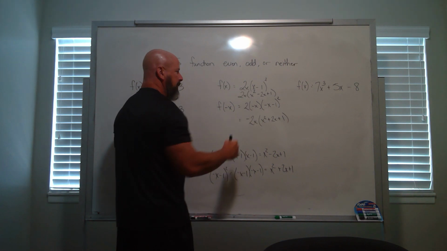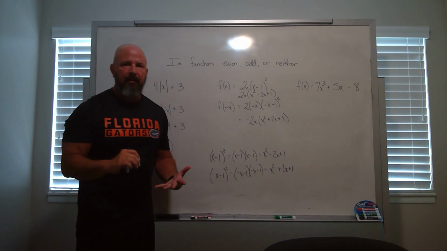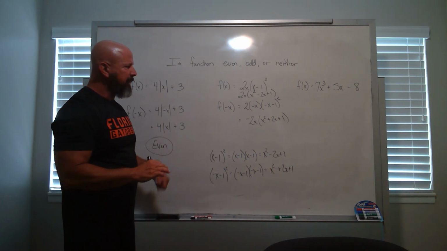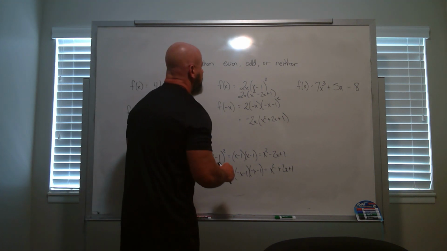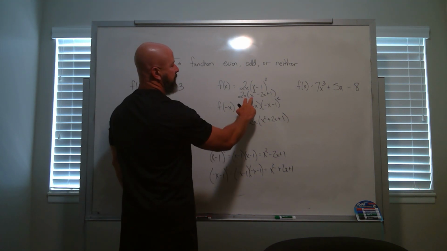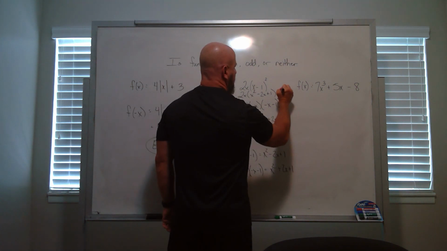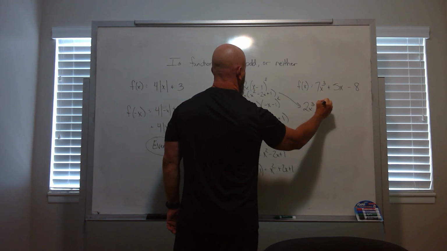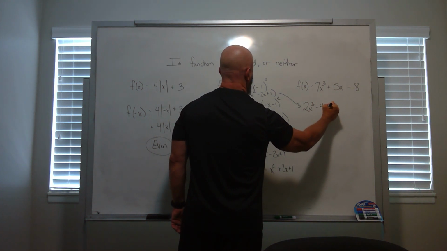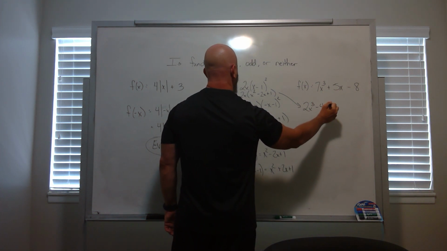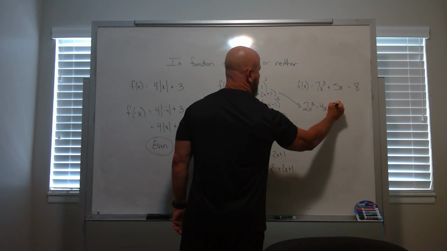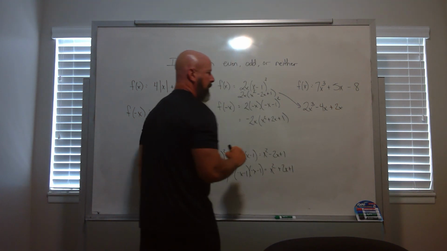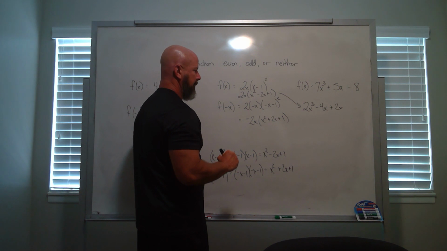Very tough to tell when you've got something not multiplied out sometimes. So let's take a look at this. I am going to just distribute this, and I'll put it right here. This would be 2x cubed minus 4x, and we'll come back to that problem. 2x cubed minus 4x plus 2x. That's that one multiplied out.